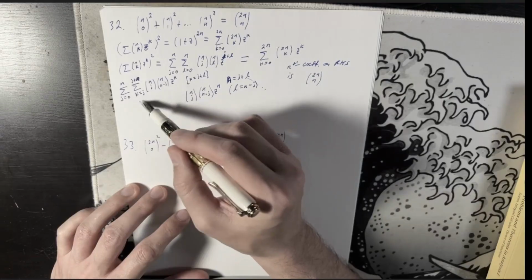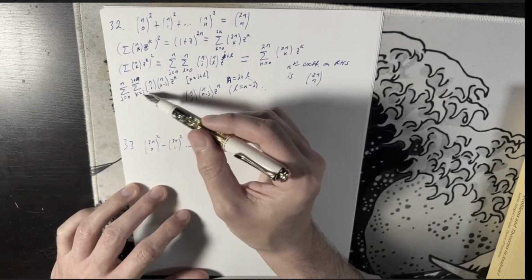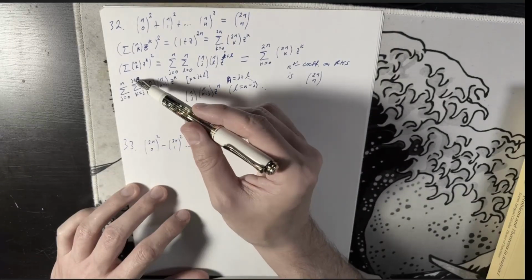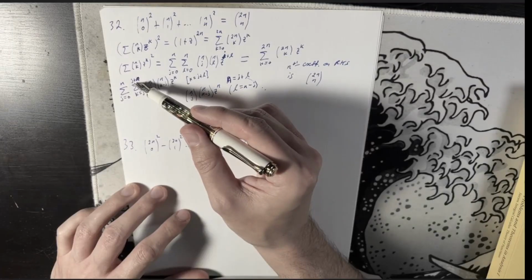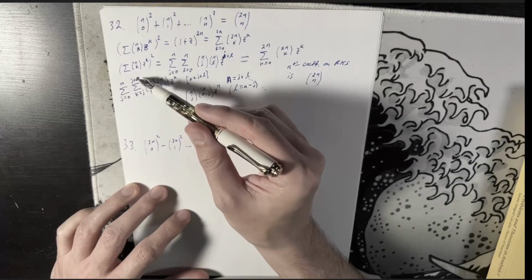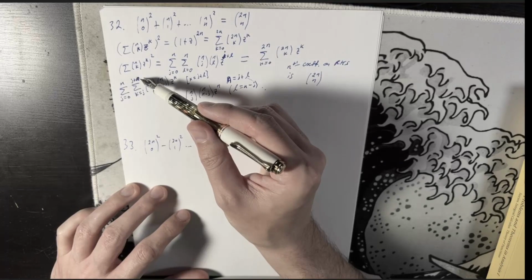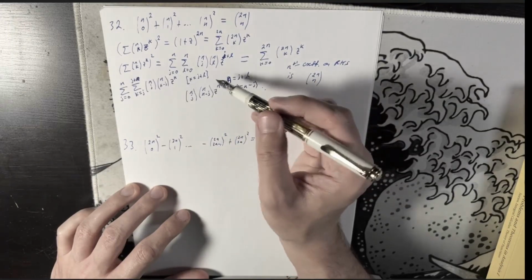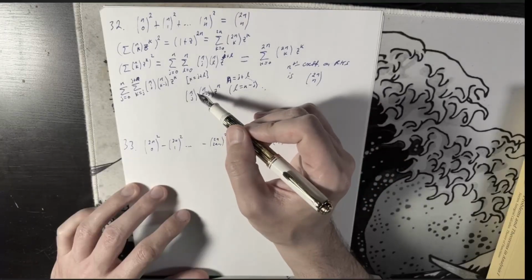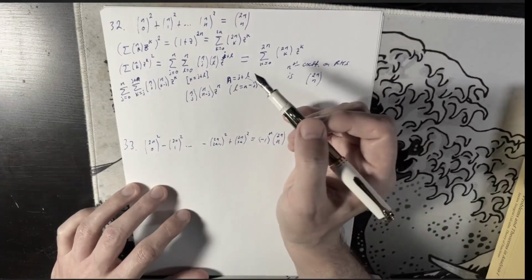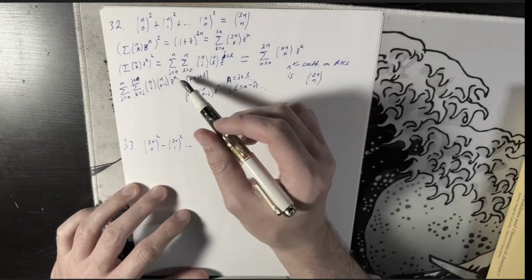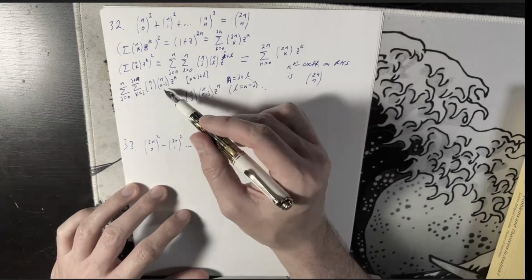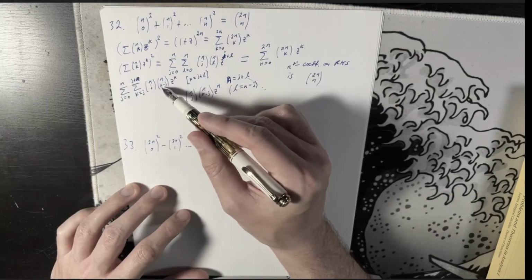You're still doing this double sum. Like when j is 1, you get 1 plus n minus 1. Or I guess I should say that when j is 1, this is n minus 1.